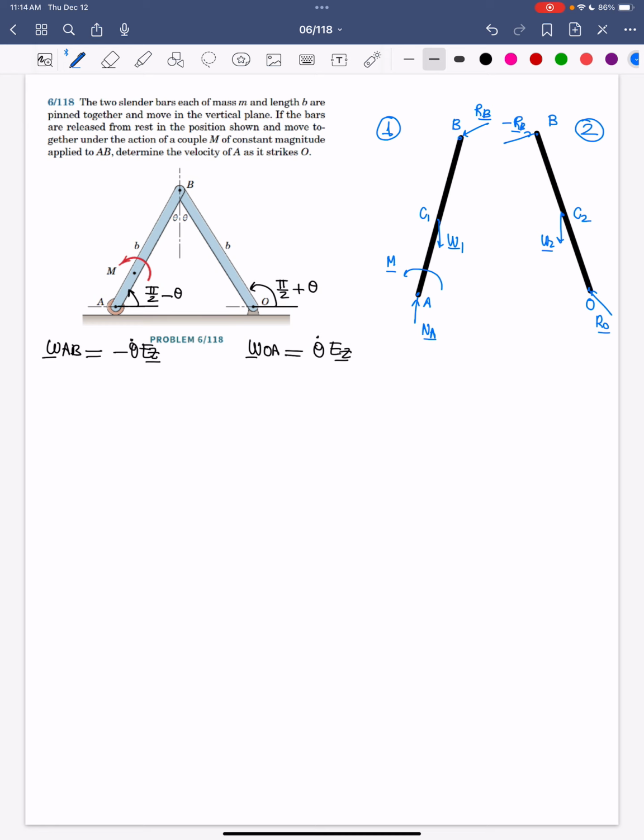So now we can write the work energy theorem for each bar. For bar 1, I can write that TB minus TA, where A is the initial state, and the system starts from rest, so TA is equal to 0.